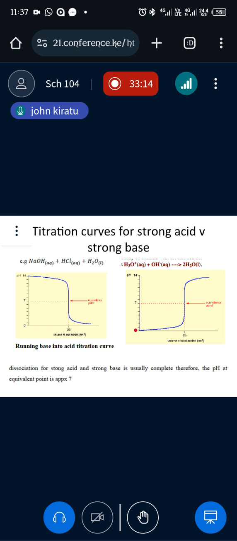If the acid is the one in the flask, that's why we have this other shape. So we can have these two types of shapes depending on what is being titrated against, but the pH is at 7. Take note of that.